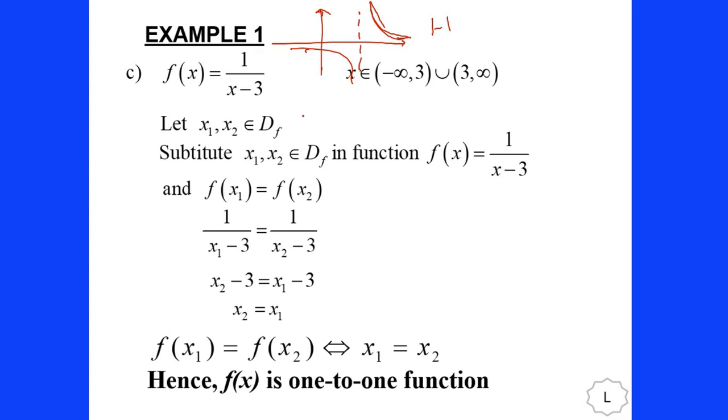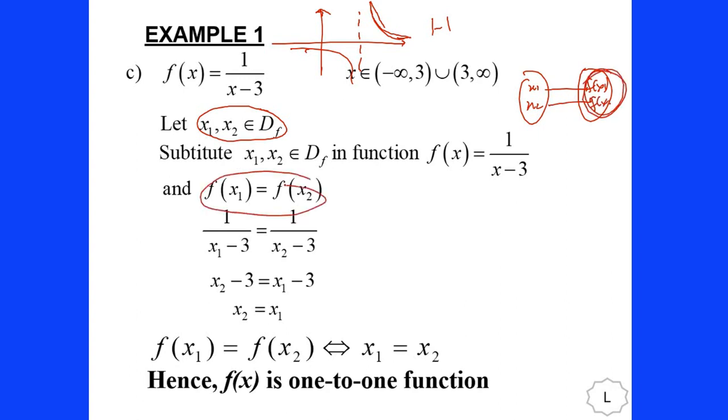Okay, using algebra, let x1, x2 be members of the domain, the same as what I did earlier. Okay, x1, x2, this is f(x1), f(x2), we define these as equal. Okay, then we need to show whether x1 equals x2, right? So substitute into this function: 1 over x1 minus 3 equals 1 over x2 minus 3.